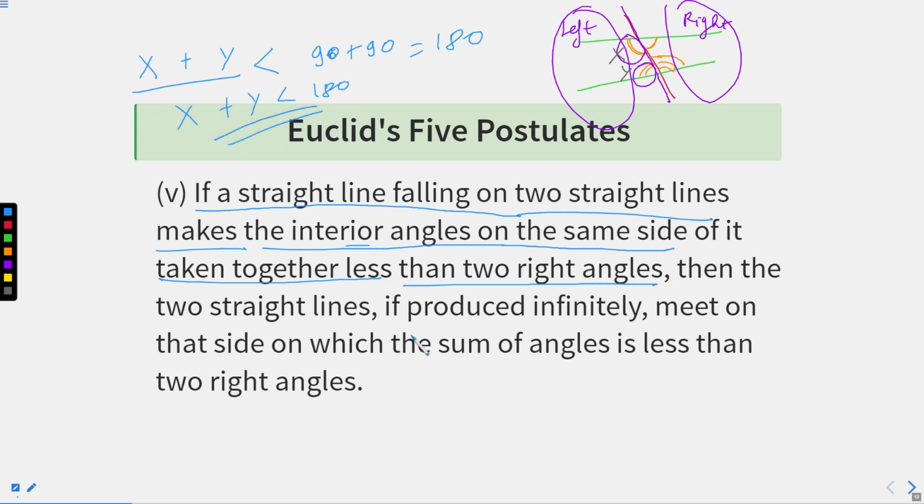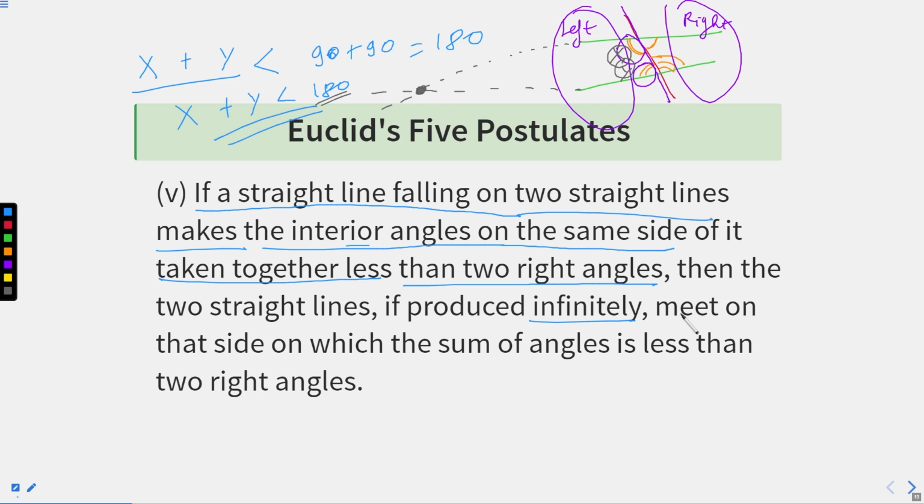If this happens, then if we produce the two straight lines indefinitely, we know this x and this y both add up to less than 180 degrees. So if we extend these lines, then these lines will intersect at some point.